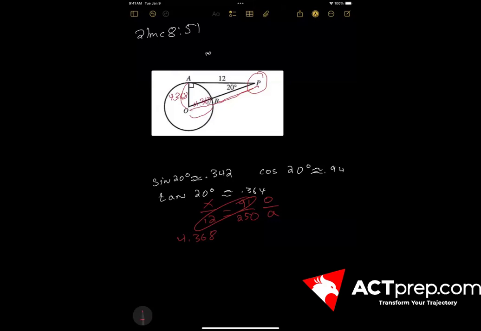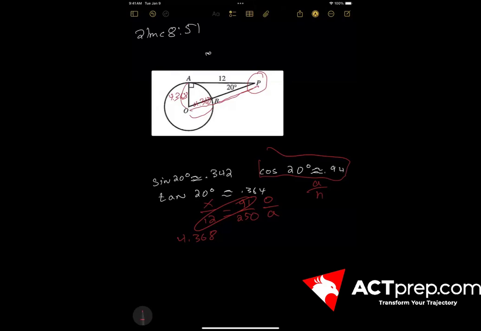And now we can just find the length of the full hypotenuse. And so we can use sine to be able, or rather cosine, because cosine is going to be adjacent over hypotenuse. We already have the adjacent. We also have the opposite now, so we could use either one, but the adjacent is an integer, so it's a little bit easier to wrap our minds around.